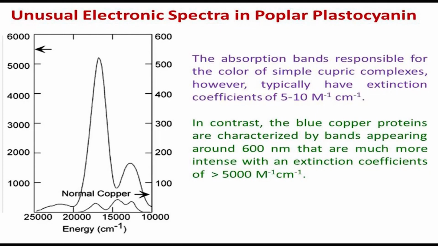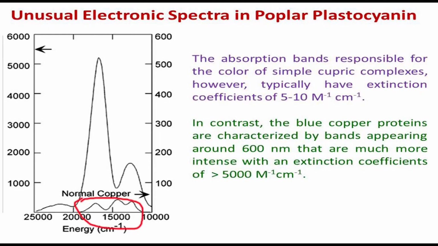As you can see, the spectra are compared between normal copper and the blue copper protein. The absorption bands responsible for the color of simple cupric complexes typically have an extinction coefficient of only 5 to 10 mole inverse centimeter inverse, which is clearly reflected.